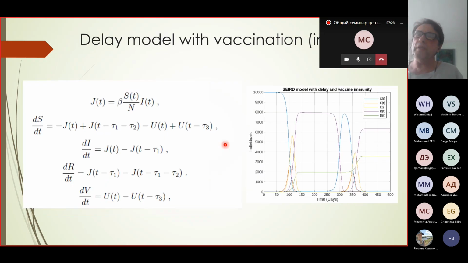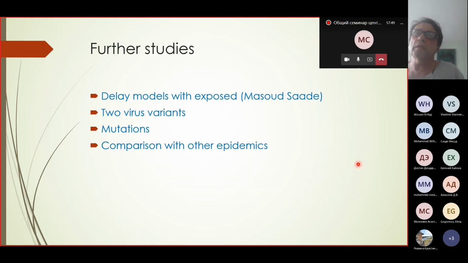What we continue now, in particular with my graduate student Masoud, is to consider the vaccination problem for the delay model and also some other problems. This is work in progress. We also introduce an exposed compartment, which was not considered in these previous models.